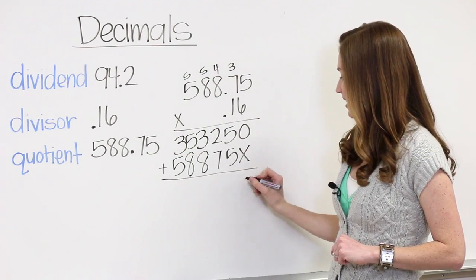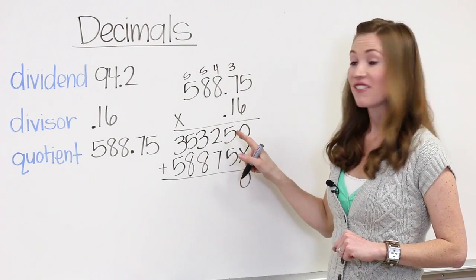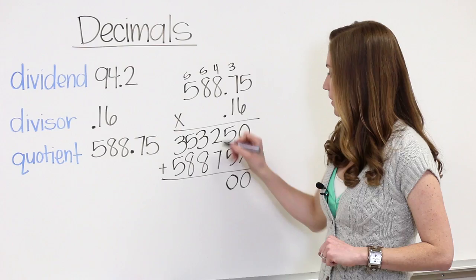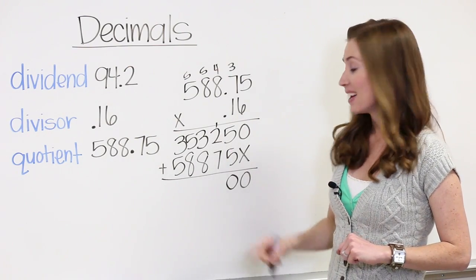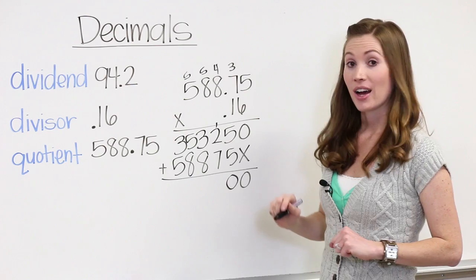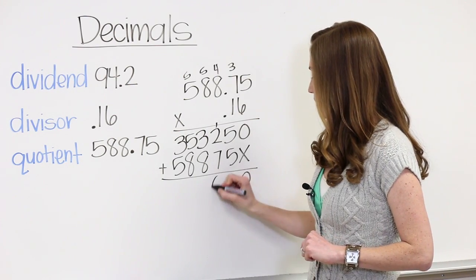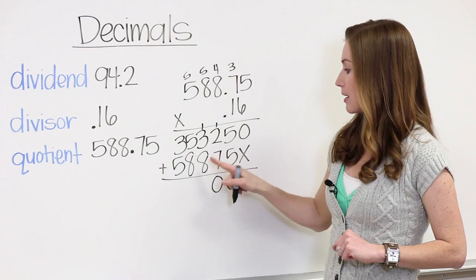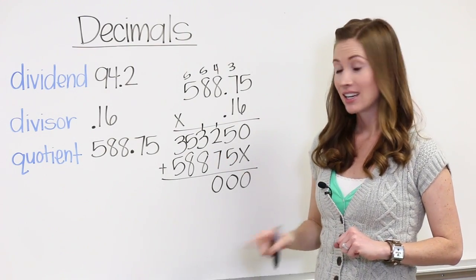0 plus nothing is 0. 5 plus 5 is 10. We write the 0, carry the 1. 2 plus 7 is 9. Plus 1 is 10. Write the 0, carry the 1. 3 plus 8 is 11.